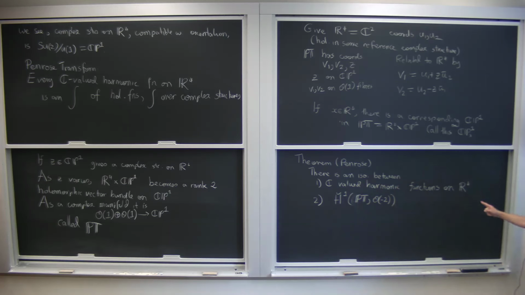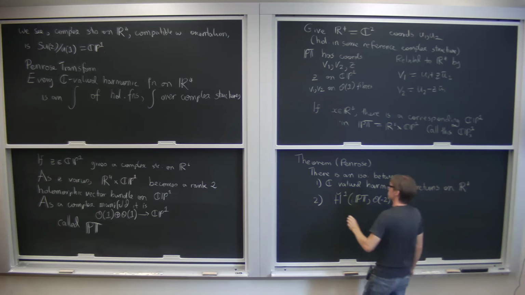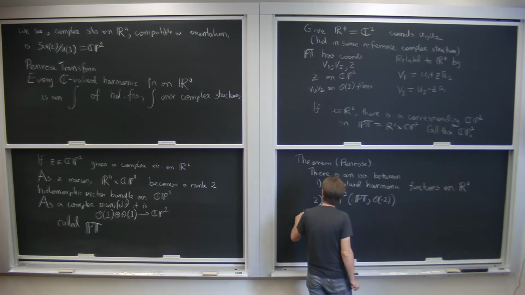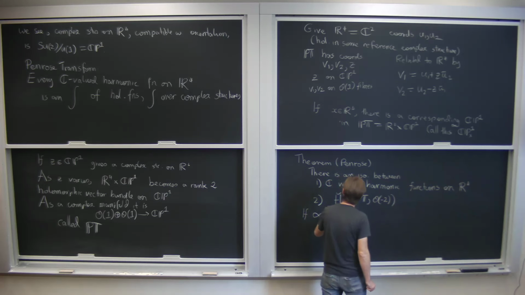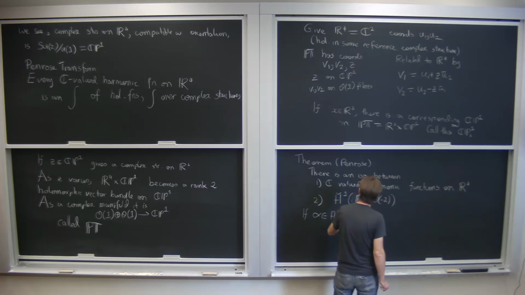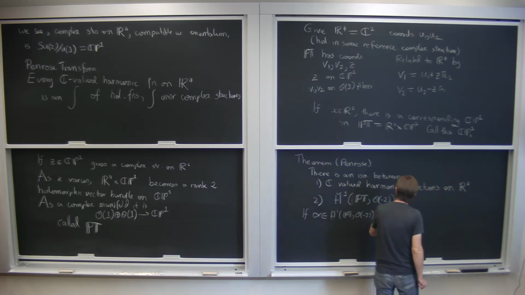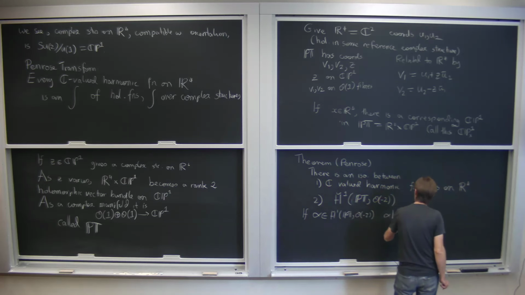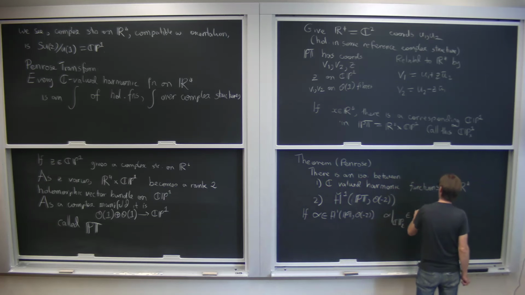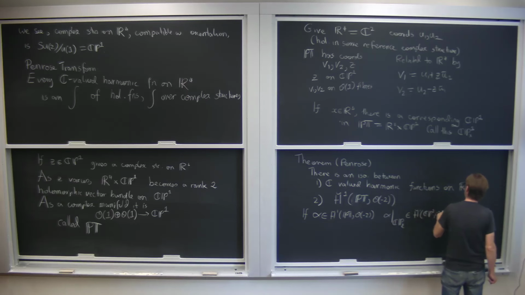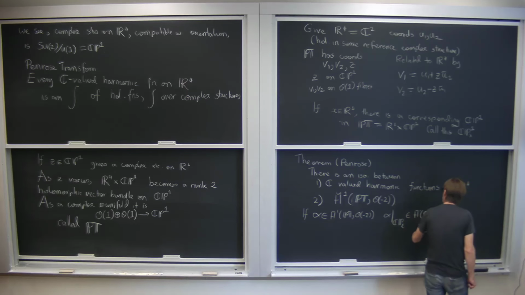So here's how the map goes. Take a class alpha in H1 of twistor space with values in O(-2). Then alpha restricted to the CP1 at x is a class in H1(CP1, O(-2)). And O(-2) is the canonical bundle of CP1.